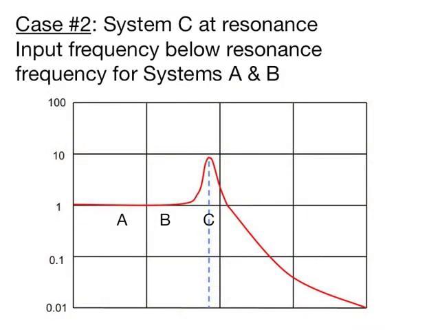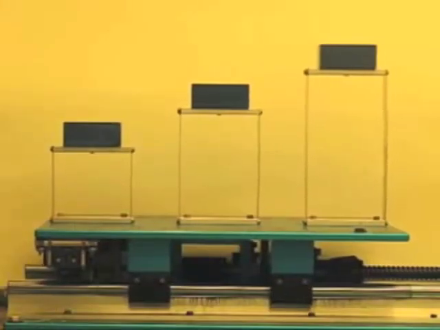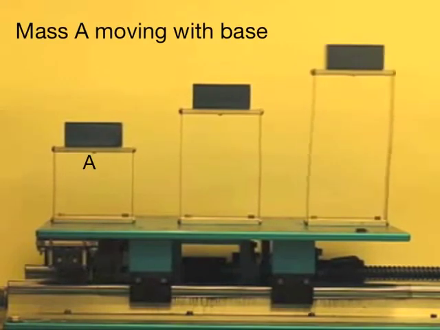Now let's look at case 2. The input frequency is now higher, and in fact is the same as the resonance frequency for system C. The input frequency, however, is still significantly below the resonance frequency of system A and system B, and therefore we can expect the mass in these two cases to track along with the base motion. Here we'll see the frequency of the base motion increase and system C go through resonance.